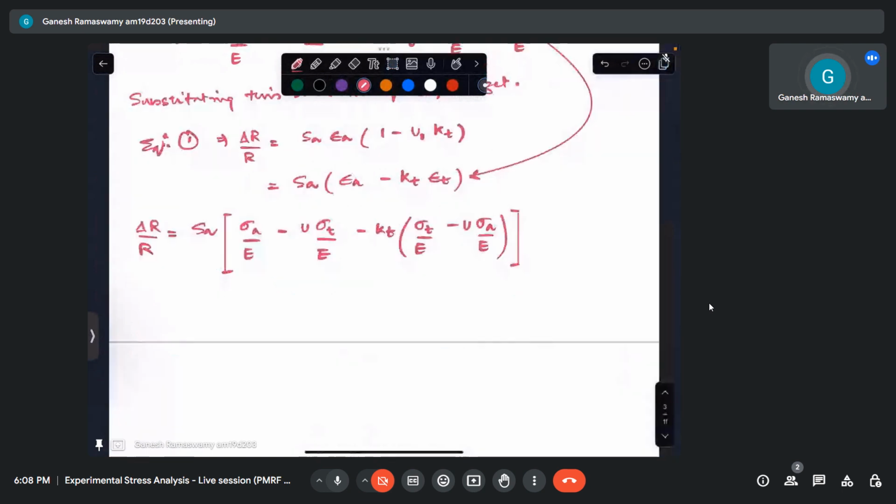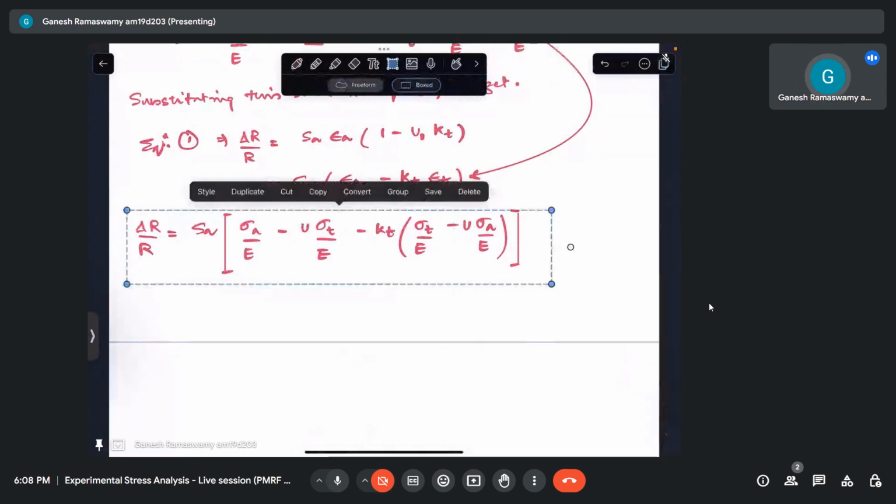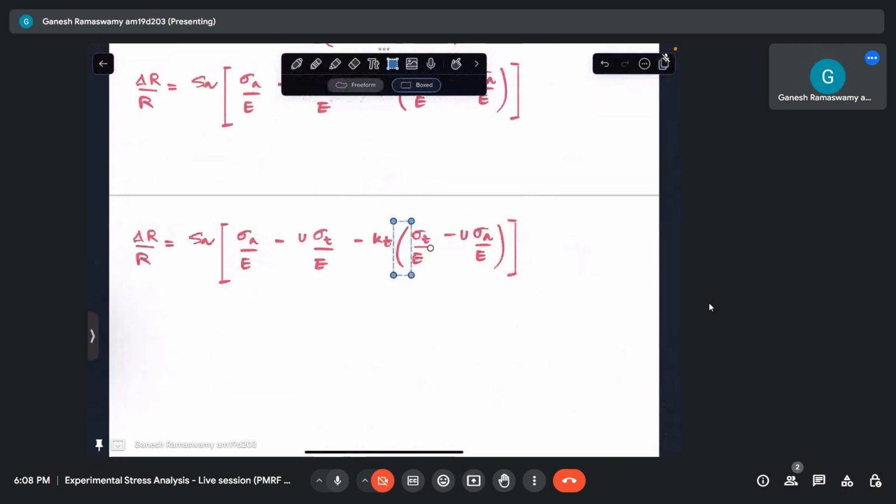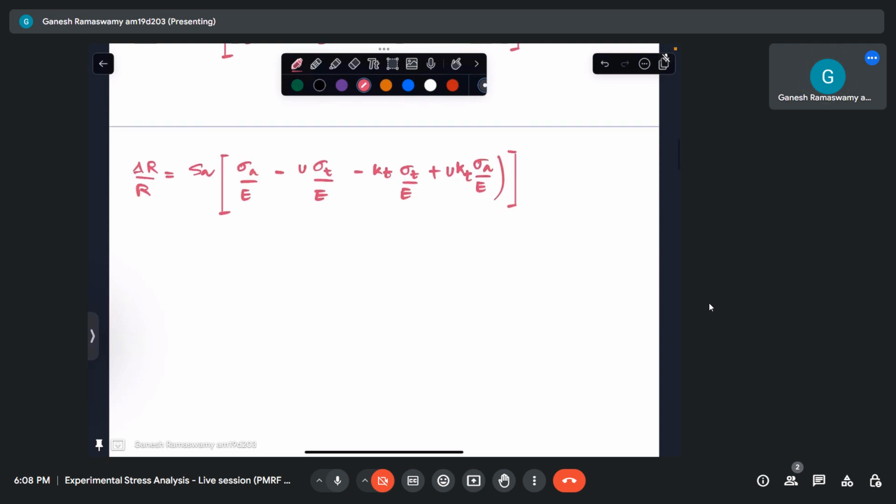If I were to cross multiply this out, this gives me minus KT, and this will be plus mu naught KT epsilon A. So let us simplify this further.